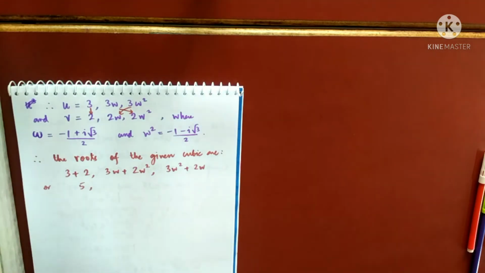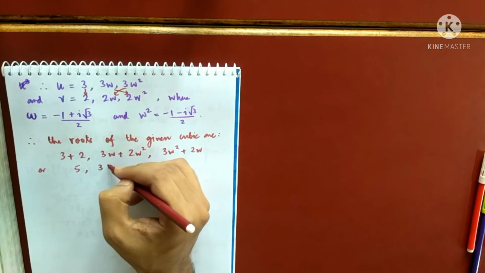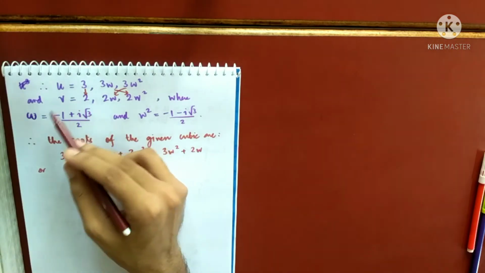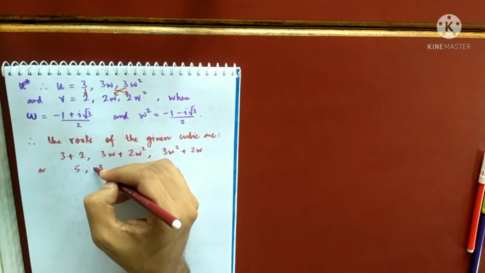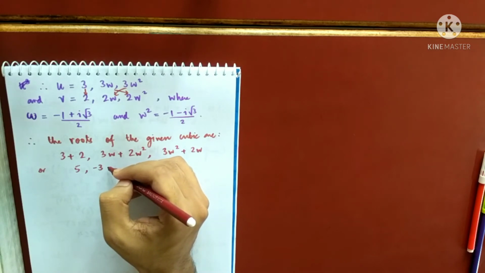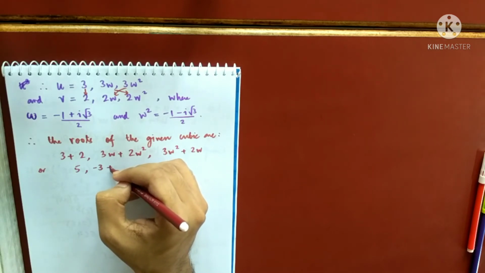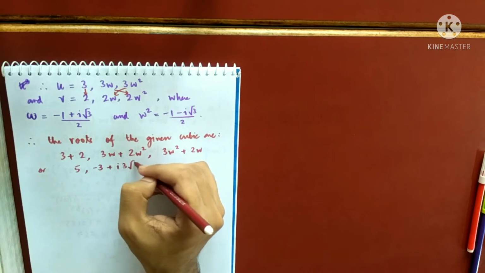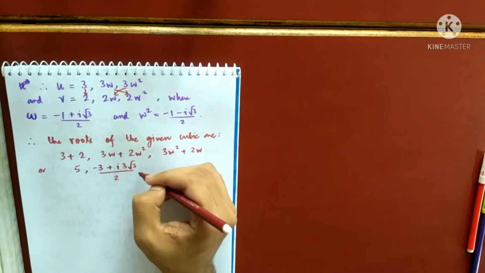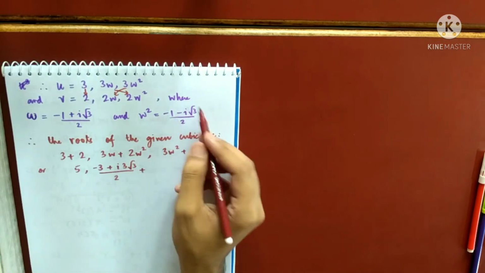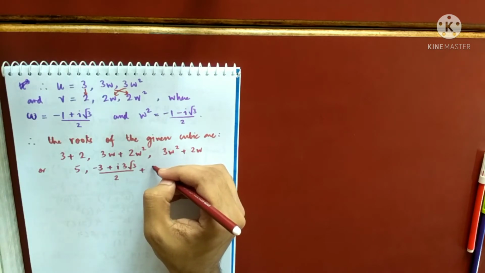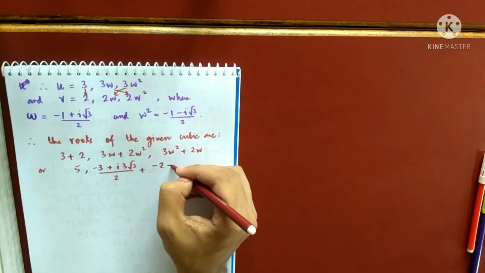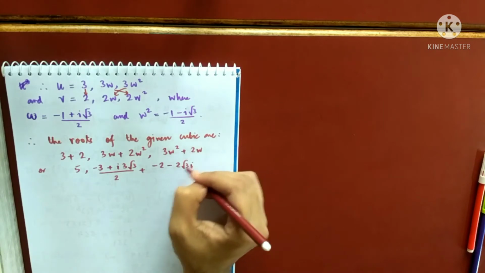you have to simplify this, so put the values of omega here. So 3 into this, so this will become minus 3 plus i 3 root 3 by 2, plus 2 into omega square, minus 2 root 3 i by 2.